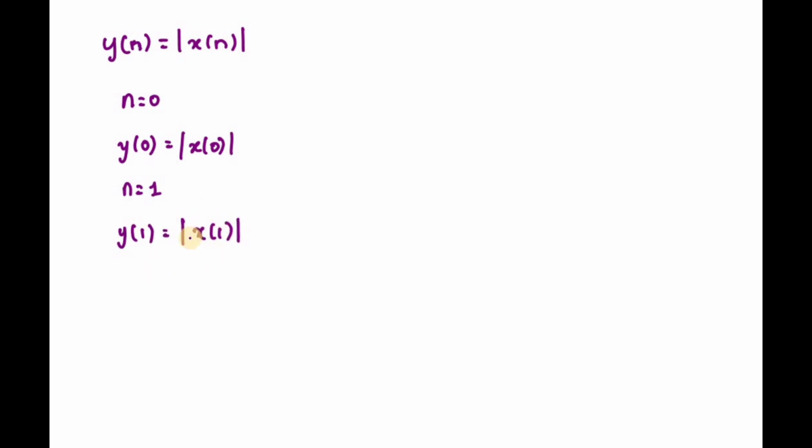Here the amplitude may change, but whatever the value inside will not change, right? If you give n is equal to minus 1, you will get only modulus of x of minus 1. Okay, so it is a static system, which doesn't require any memory.